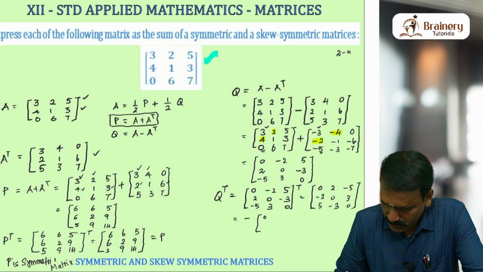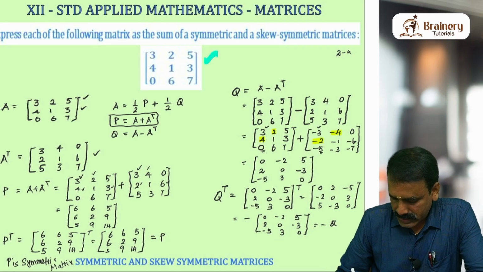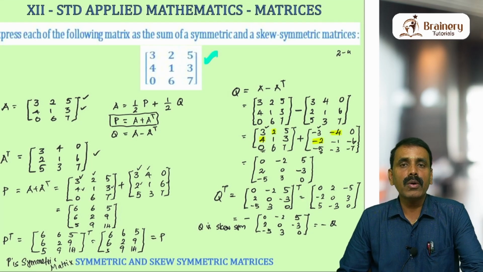So it is 0 minus 2 plus 5, 2, 0 minus 3 minus 5, 3, 0, which is equal to minus Q, which implies Q is skew symmetric. Q is skew symmetric.